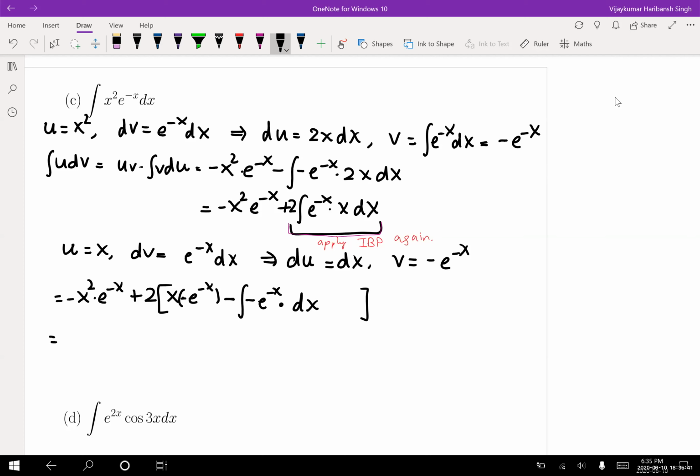So then this becomes minus x squared e to the power minus x plus 2 times, with a minus sign then, minus x e to the power minus x minus of, so what is the integration of e to the power minus x, it is again minus e to the power minus x. So that minus and this minus will cancel. So you'll be left with e to the power minus x then plus c. So this is your solution for this.